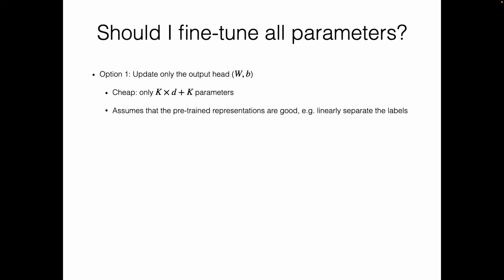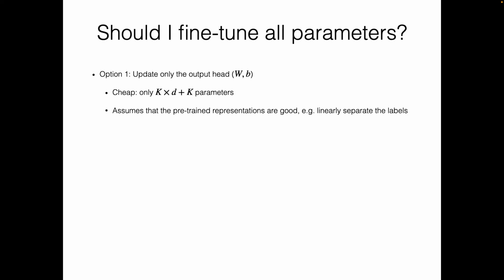So let's consider an extreme example, which is we only update the final output head. It could be some new output head that we're introducing for classification, or it could be the output layer of the language model. Then this is potentially good in the sense that it is computationally cheap.